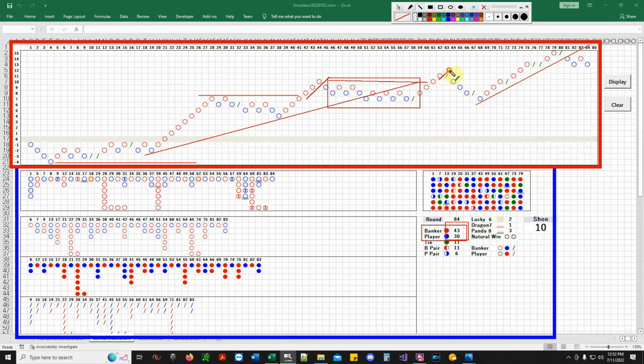You only got one banker, but nonetheless, that's a breakout. It comes back down to support right here. Player. It cannot get past this right here, and that's a +7. It can't get below +7, and then boom, it turns around and goes back up.